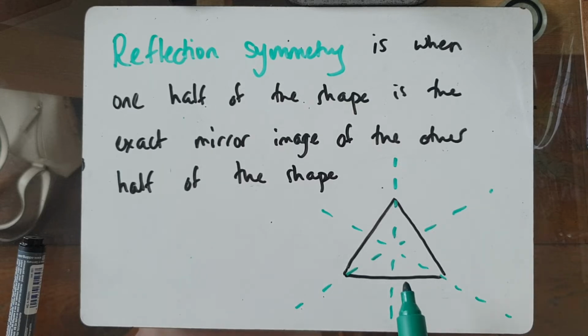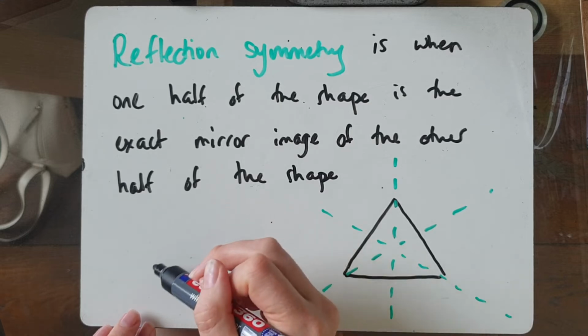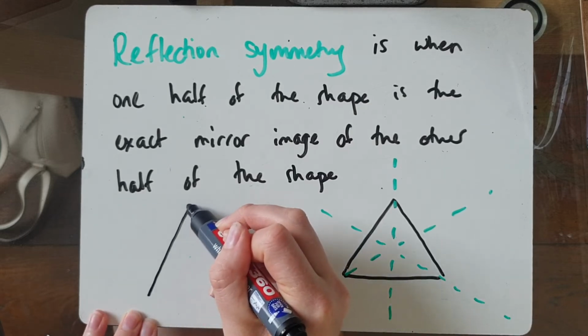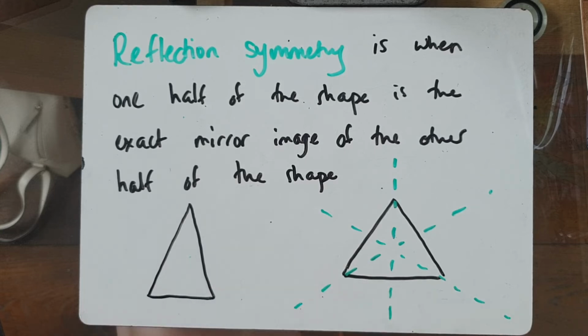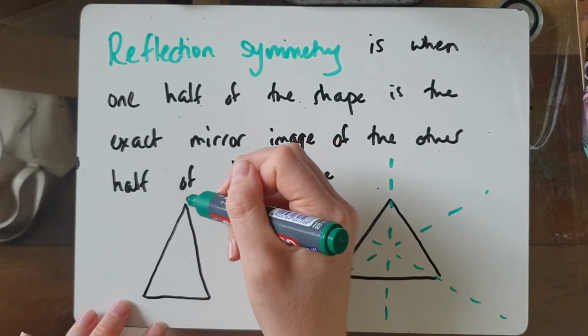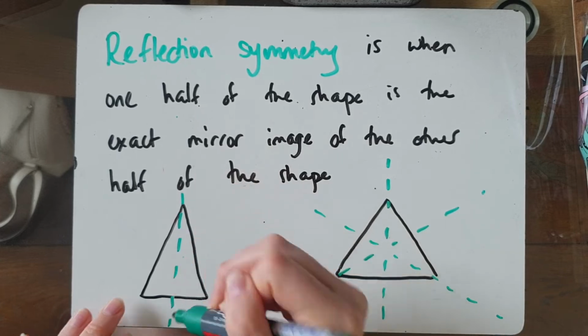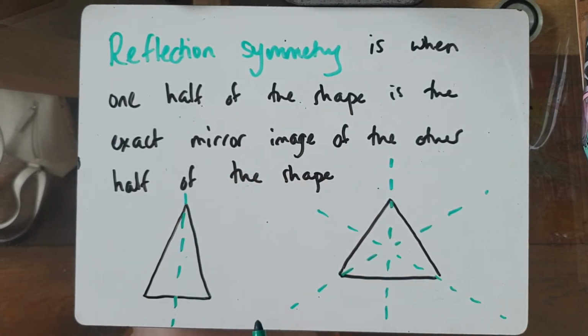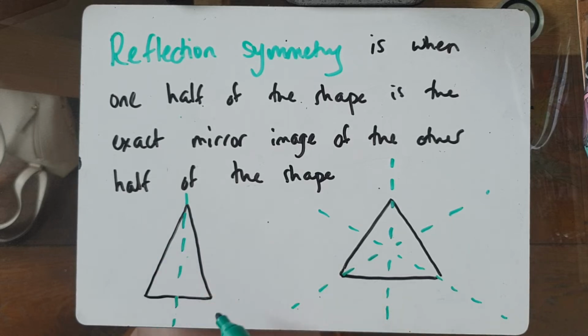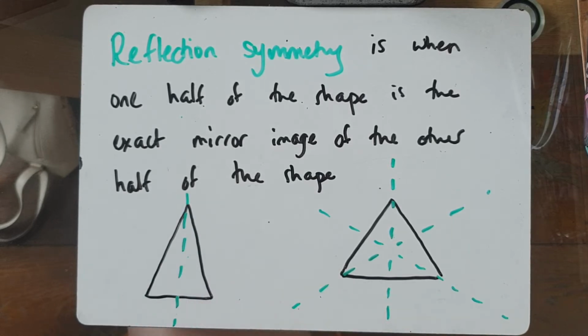So that would have 3 lines of reflection symmetry. However, if I had an isosceles triangle, that would have a line of symmetry here, because these 2 sides would be the same, but it wouldn't have any other lines of symmetry. So that would only have 1 reflection line of symmetry.